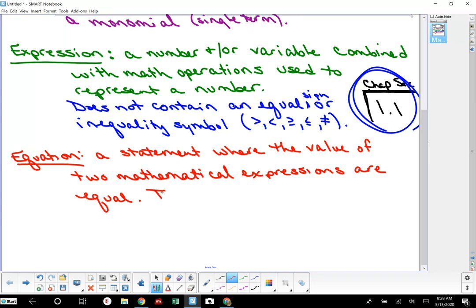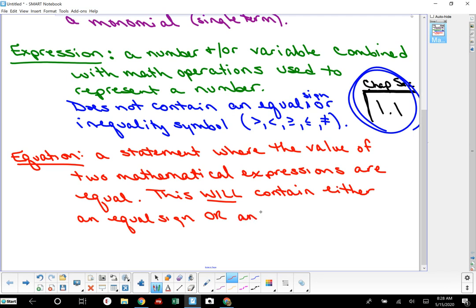And this will contain either an equal sign or an inequality symbol.